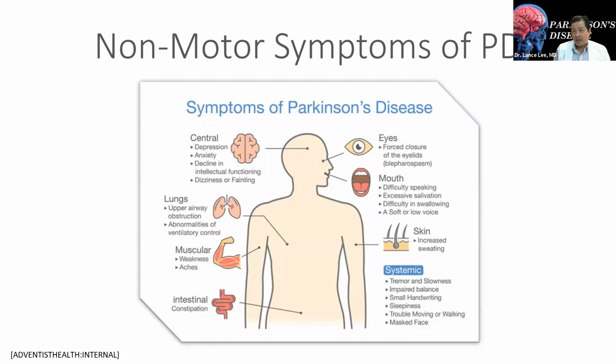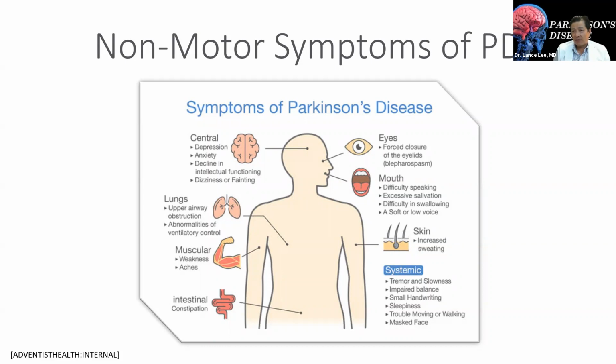And also people talked about generalized weakness, aches, blepharospasm, which is a fluttering of the eyes, and their speech also changes, with even sometimes swallowing difficulty toward the end of the disease state. And their voice is very soft in general.